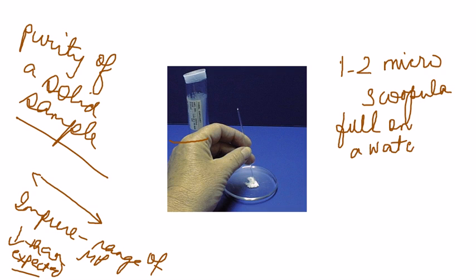Even though the instruction says that you should use a filter paper, if I were you, I would not. The student notes say clearly, do not use a filter paper, use a watch glass, because the paper fibers can contaminate your sample and mess up your reading, and we don't want any contamination.